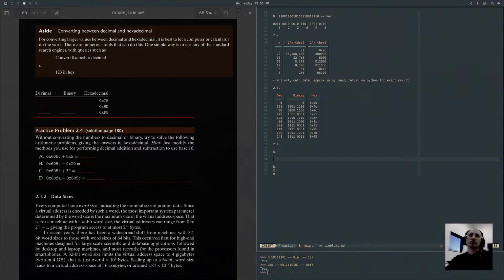So we have 605C plus a 5 over here, and that's going to equal, I'll put a little plus sign here to indicate that is a plus.